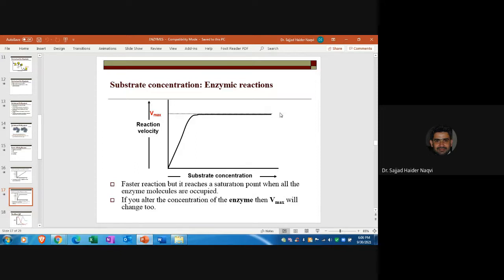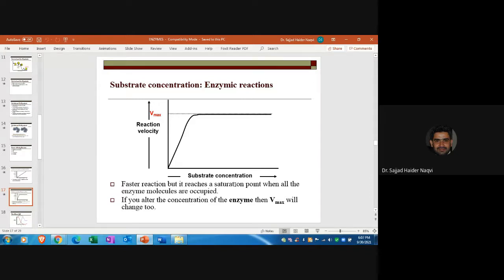This straight line indicates that there is no more increase in the velocity, no matter how much more substrate you add. So when you add the substrate, the reaction velocity increases, but when it reaches this point, adding more substrate does not affect the velocity. So faster reactions, but it reaches the saturation point, as I said. When all the enzyme molecules are occupied, there will be no change, no matter how much substrate you add.